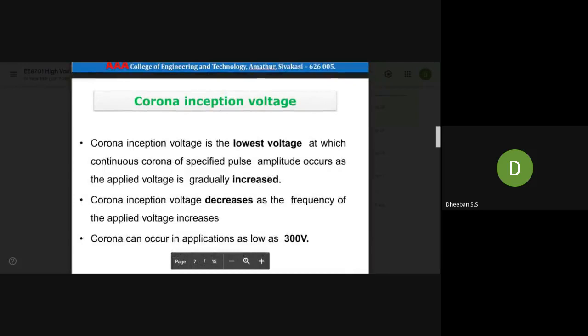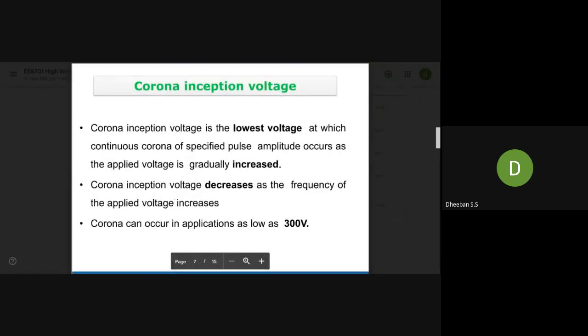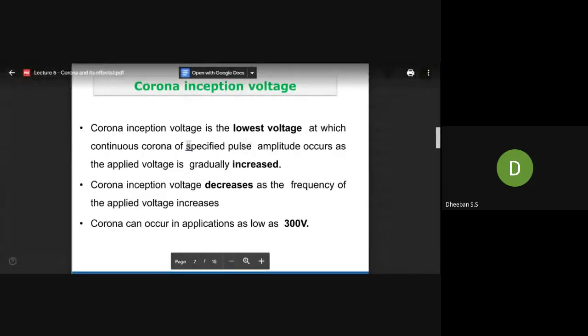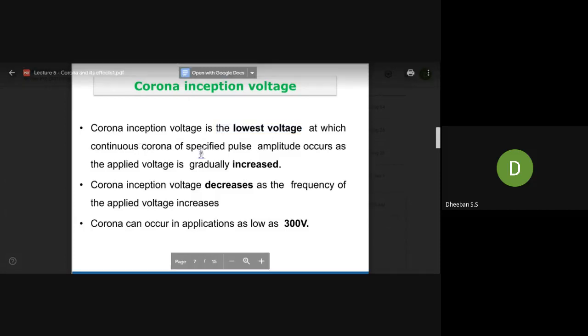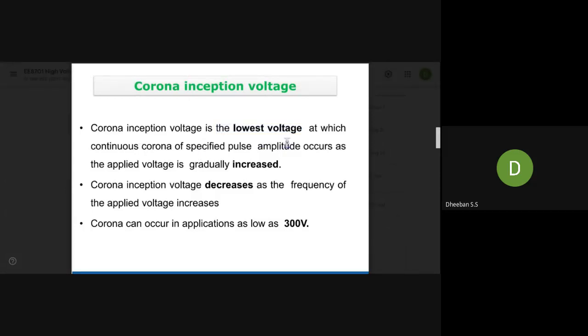In this, there are some important 2 mark definitions. The same thing you have seen in T&D will be repeating here. First is corona inception voltage. What is corona inception voltage? It is the lowest voltage at which continuous corona of specified pulse amplitude occurs. That is the minimum voltage around the conductor through which continuous corona of specified pulse amplitude occurs.